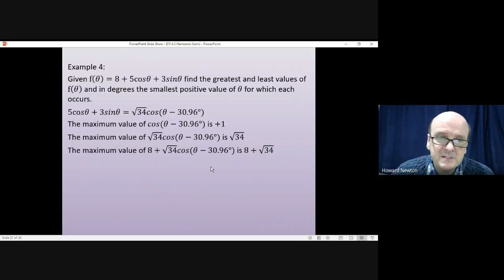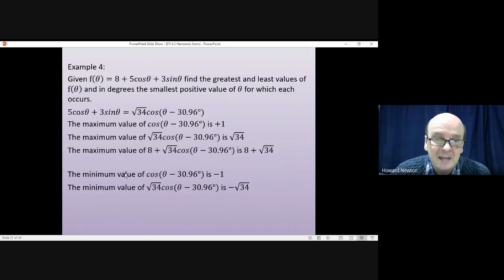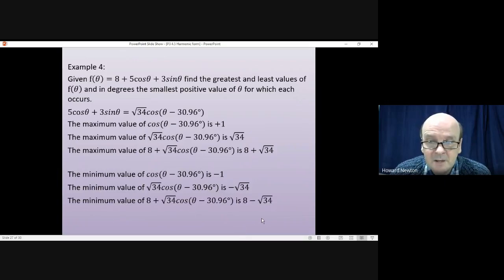And we do something very similar for the minimum value. The minimum value of cos is always minus 1, so it doesn't matter what we've got in the brackets here. The minimum value of that function will be minus 1. That means the minimum value of root 34 times it will be minus root 34. And the minimum value of the function that we've actually got, where we have to add on 8, will be that value plus 8.